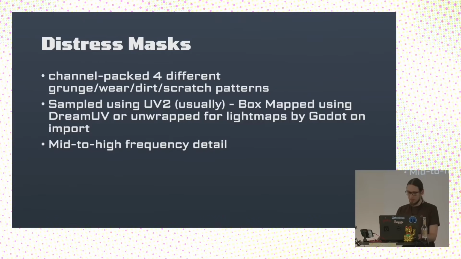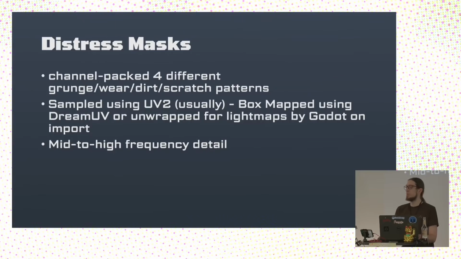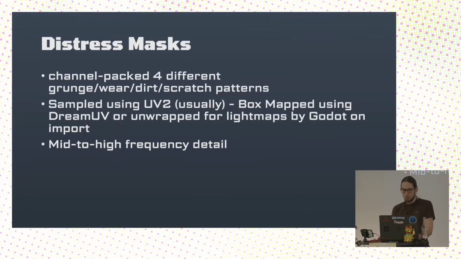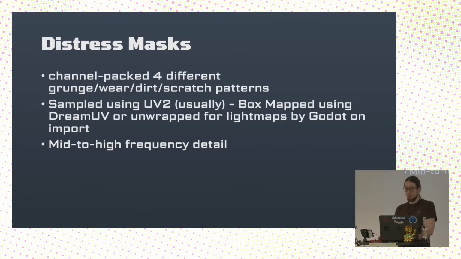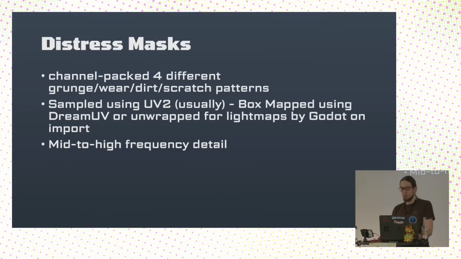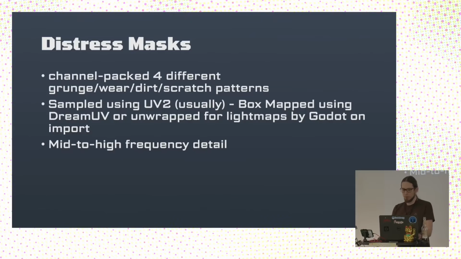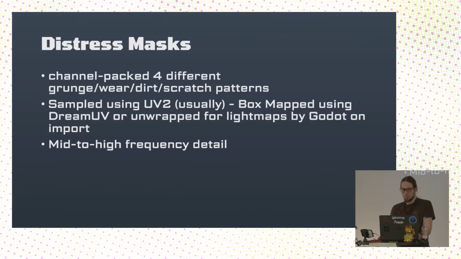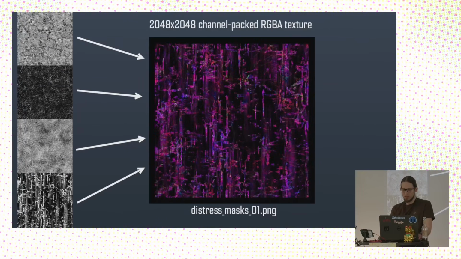Distress masks. So we need all the scratches, grime, dirt, and grunge. The most efficient thing is to pack this all into a single texture. We can then sample this using UV2 for dynamic objects, or maybe UV3 if you're using it for static objects. We can do box mapping, and it looks like this.